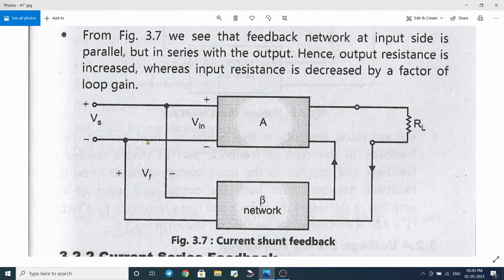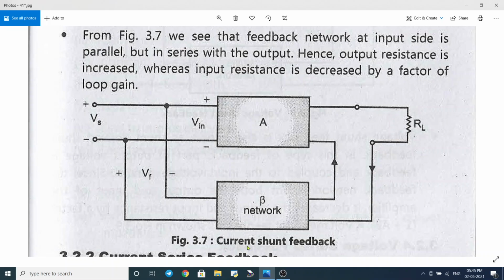But we are seeing the types. So here this is given to the load, and the current is flowing through the load, and the same current is given to the feedback network. So feedback network and load are in series.